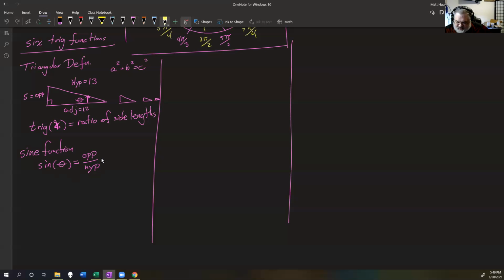In this particular case, for this particular triangle, that ratio is 5 to 13.